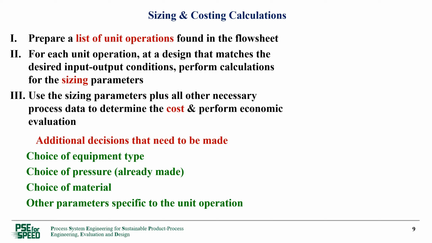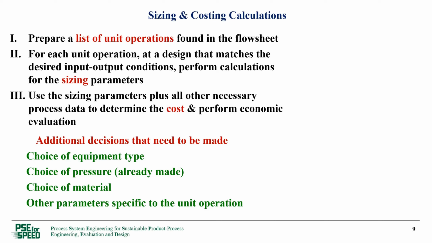So there are different pumps, there are different types of compressors, heat exchangers, we have to choose that. We have to choose the pressure. This we have already made, but the pressure could be something that we need to look at again, because the pressure will determine the thickness of the material of the equipment that we are going to use.